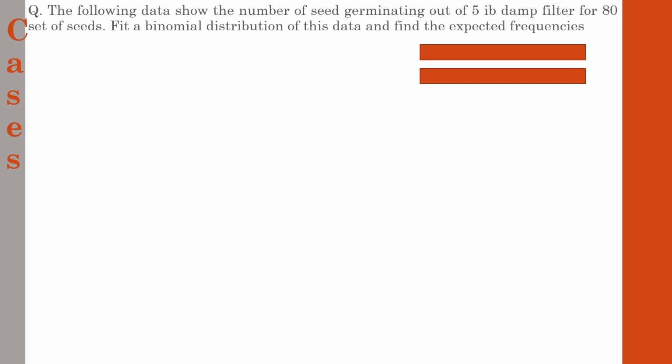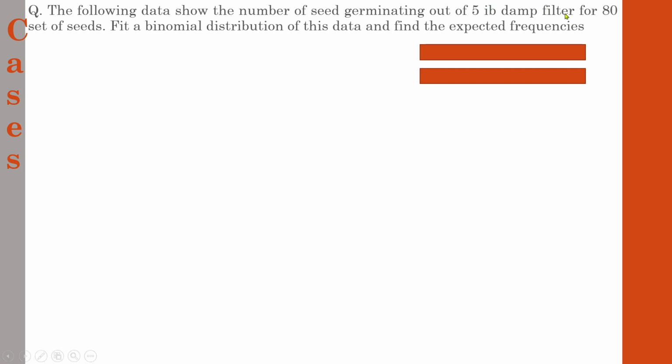The following data show the number of seeds germinating out of 5 IB dam filter for 80 sets of seeds.